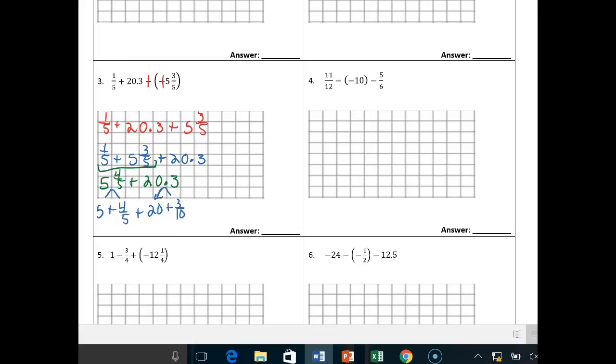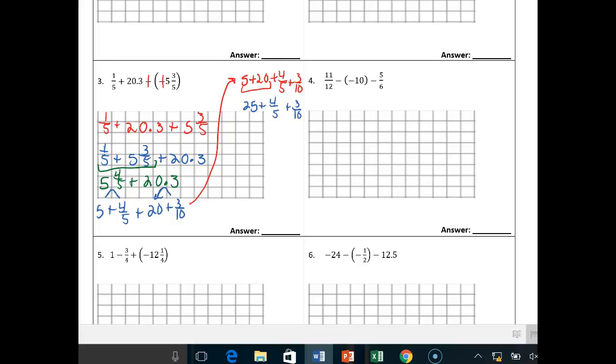And now we can hopefully see that, hey, I got a 5 in the 20. So let's start writing that over here. I know this is going to take a lot of space. 5 plus 20 plus 4/5 plus 3/10. So this gives me 25. And yep, we're going to have to do some common denominators right here.